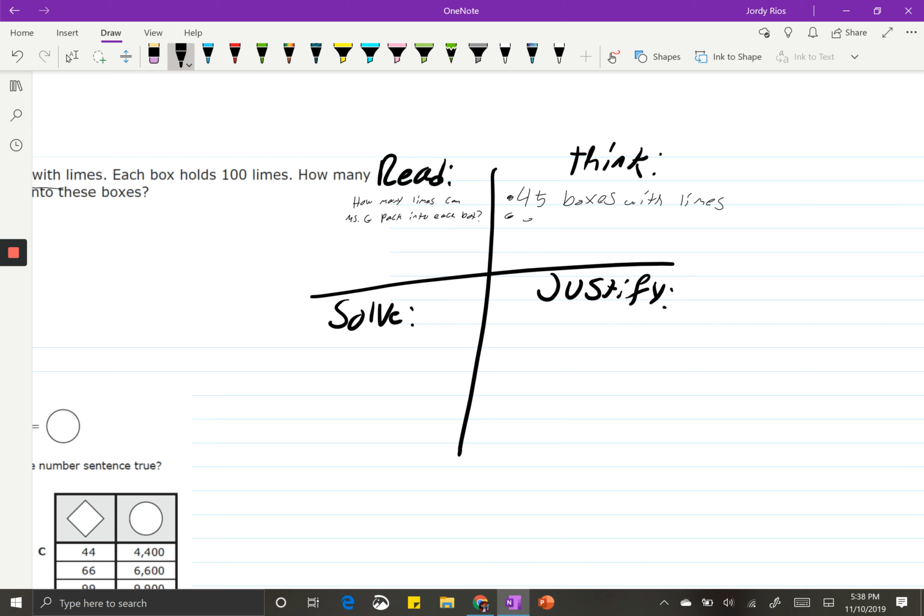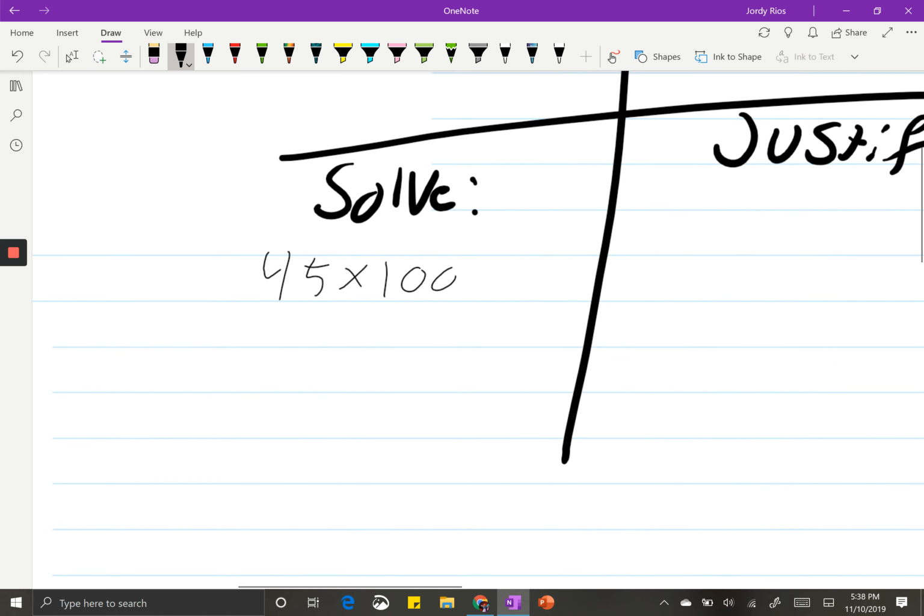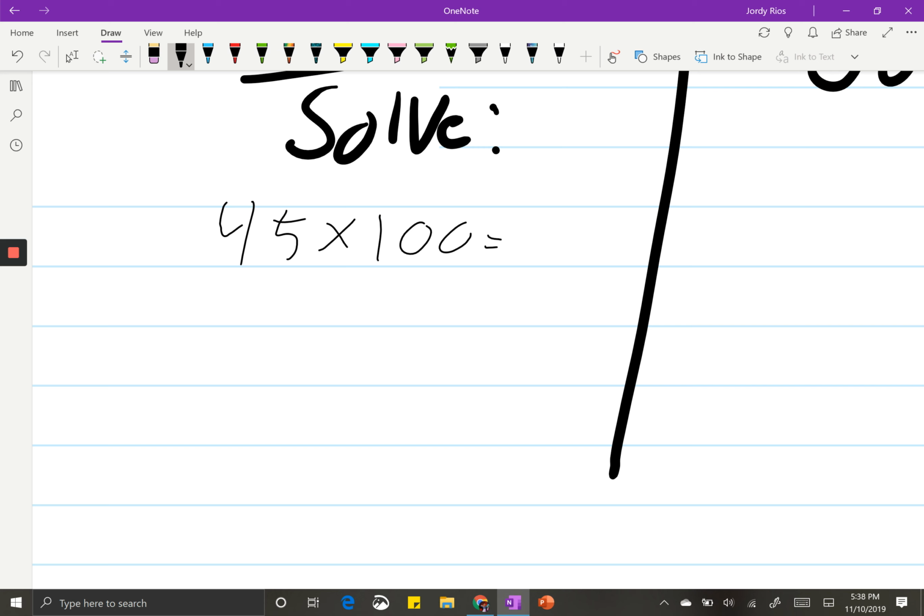We also know each box holds 100 limes. So we know it's going to be 45 times 100, right? But remember, power of 100. Easiest thing to do is 45 times 1, which is 45. Remember, anything times 1 is itself. Well, how many zeros am I adding? Just 2. Simple and done.